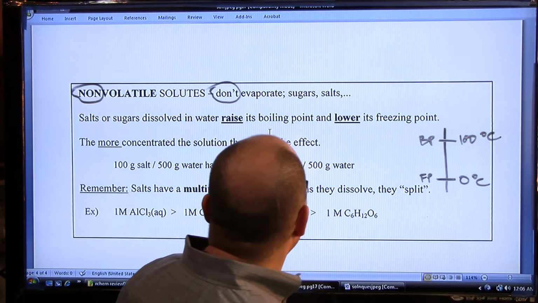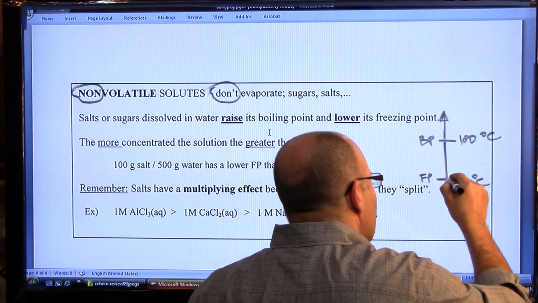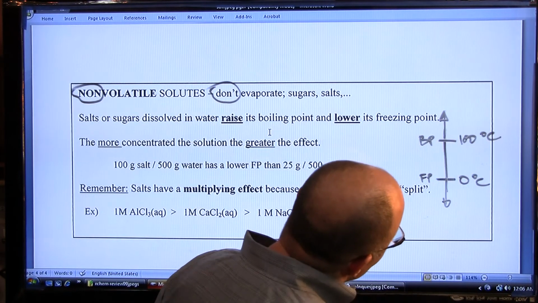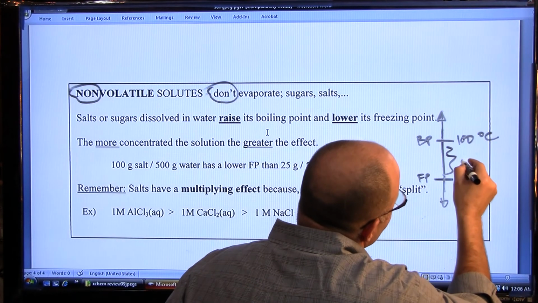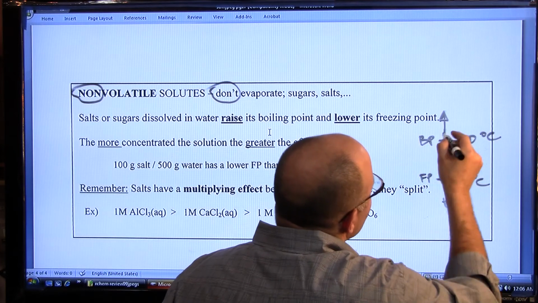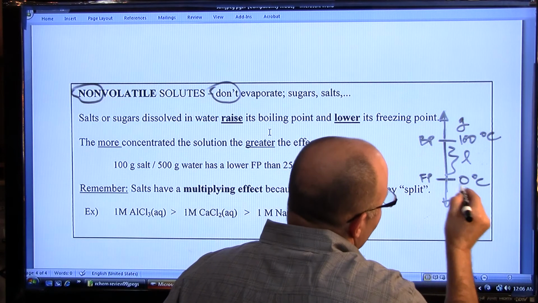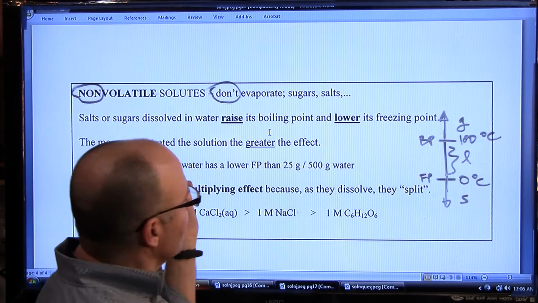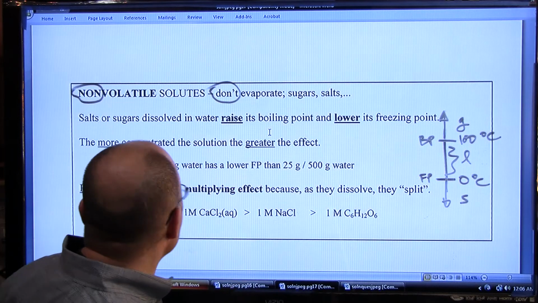But when you add sugar or salt to that, the boiling point increases and the freezing point decreases. So another way of thinking of this is, since this right here is the liquid range, and from this point on you'd have gas and solid, adding salt or sugar will actually extend the liquid range.